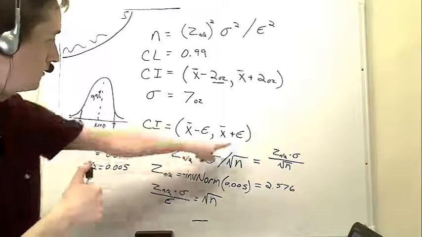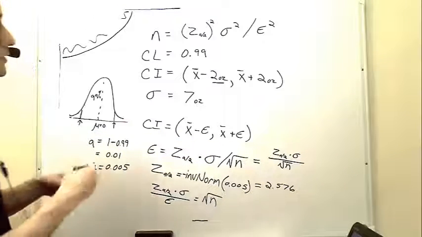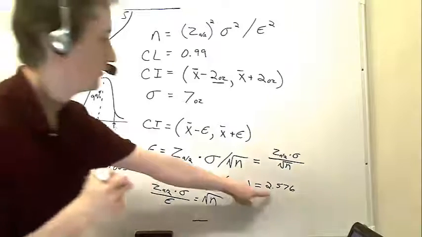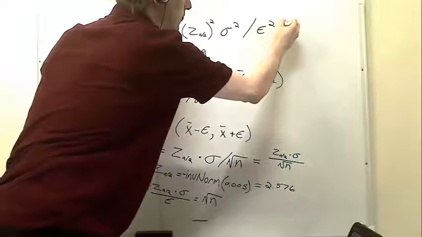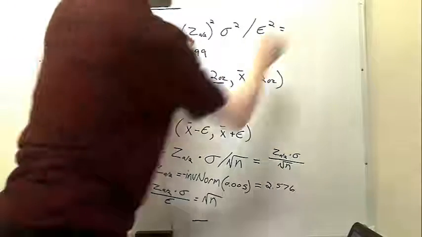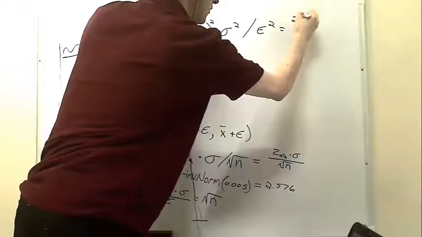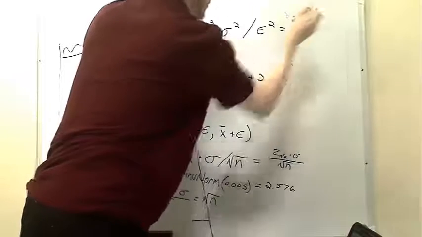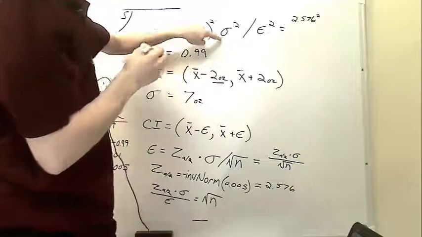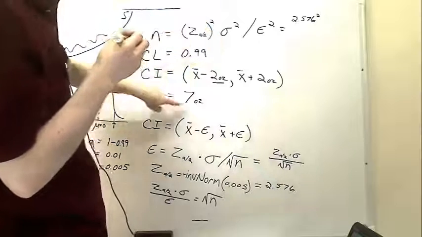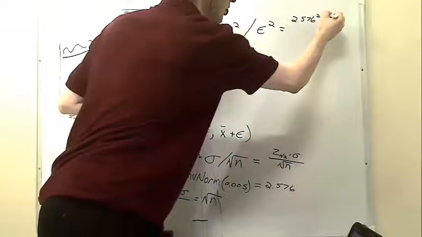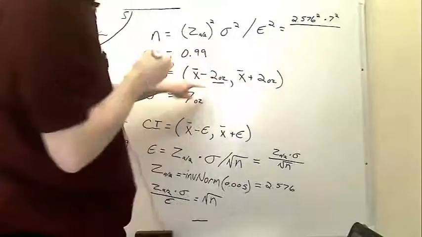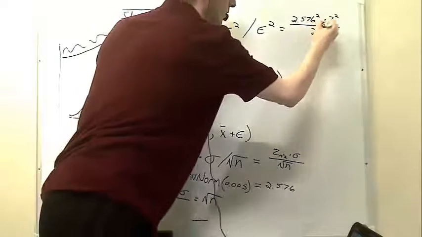So let's see, what was our z sub a over 2? That was 2.576. So this is going to equal 2.576 squared times our standard deviation of 7 ounces squared. And we're going to divide by 2 squared.